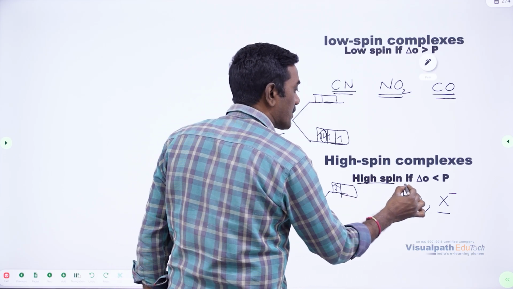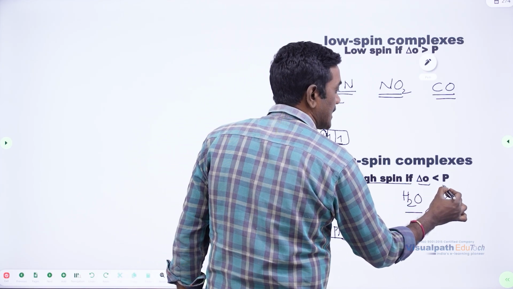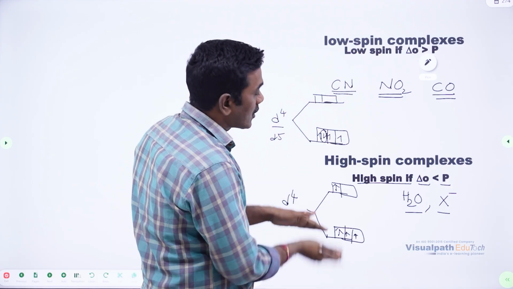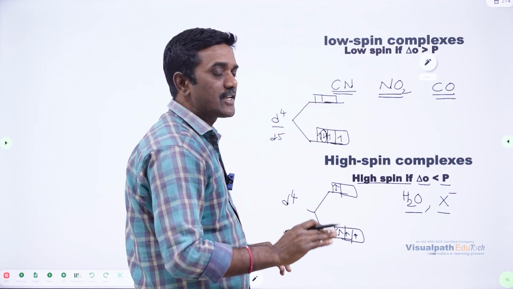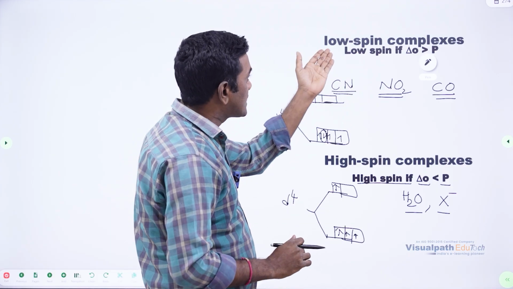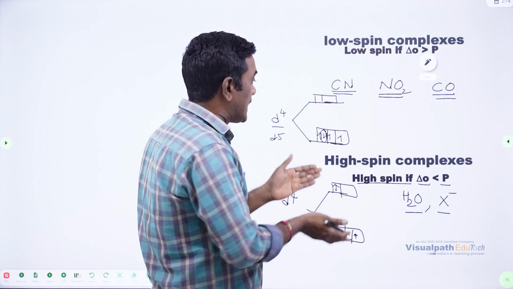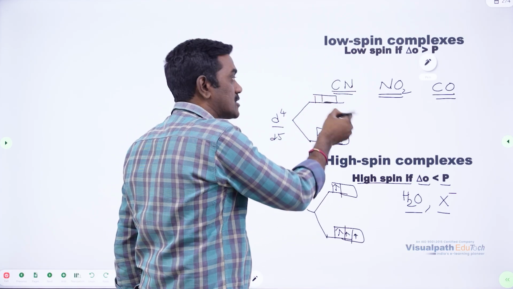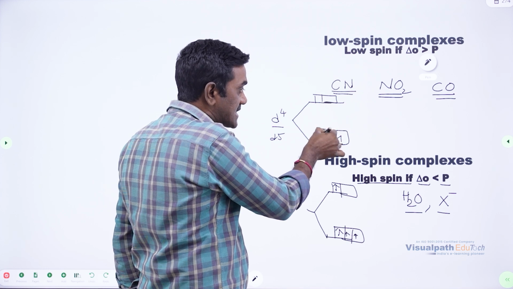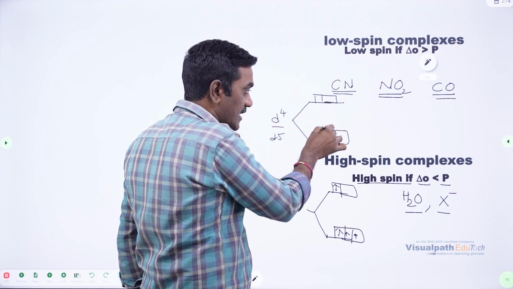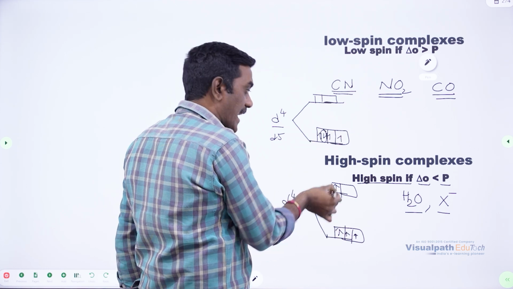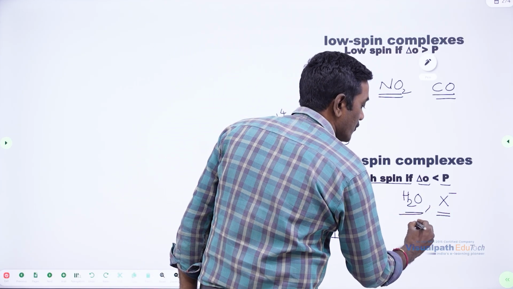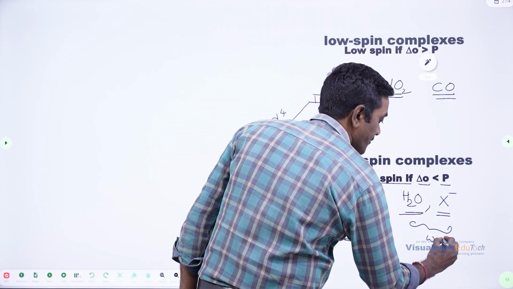Because in a high spin complex, delta naught is less than the pairing energy, so the electron will jump to the higher energy level and won't undergo pairing. Whereas in the case of a low spin complex, it undergoes pairing, and so it is called low spin. High spin is the case with weak ligands.